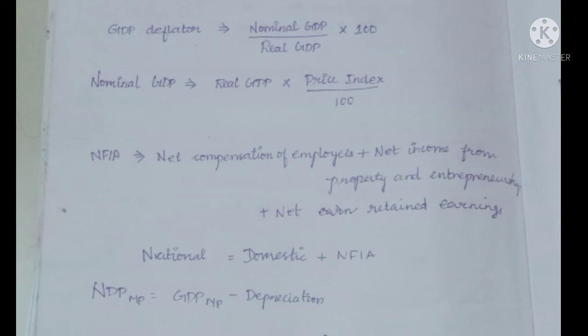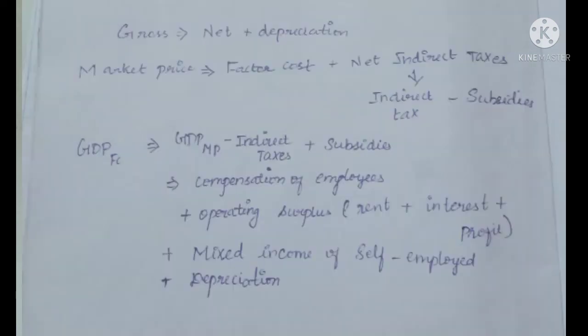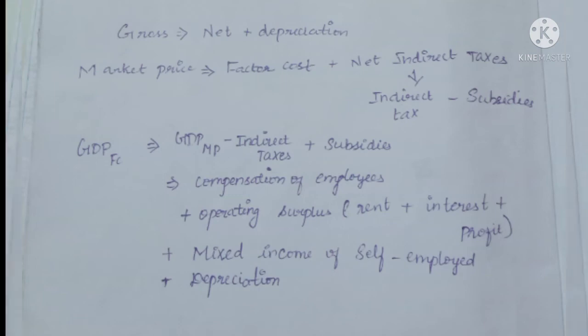Suppose NDP at market price is asked in the question. The formula for that is GDP at market price minus depreciation. That is, gross is equal to net plus depreciation, and net is equal to gross minus depreciation. So whenever net is asked, you should subtract depreciation from the gross.